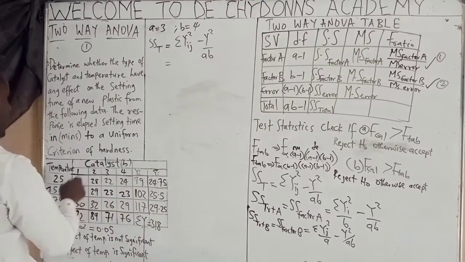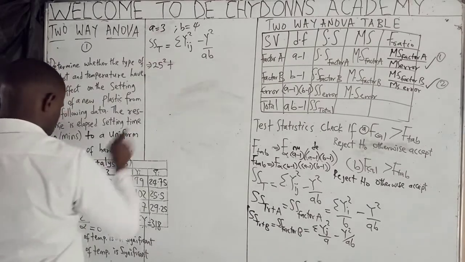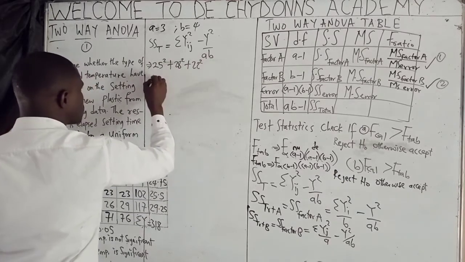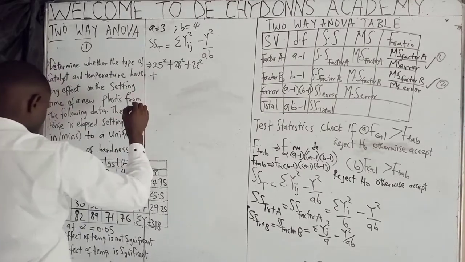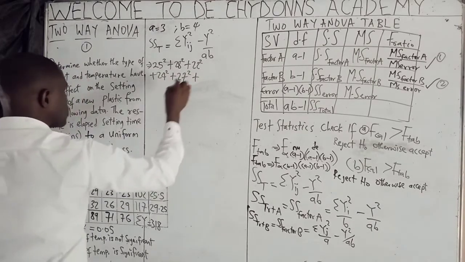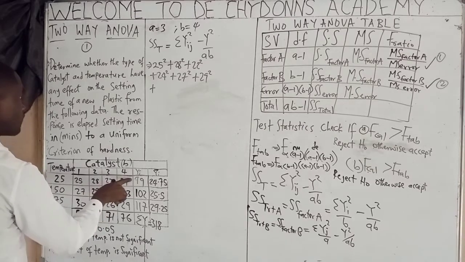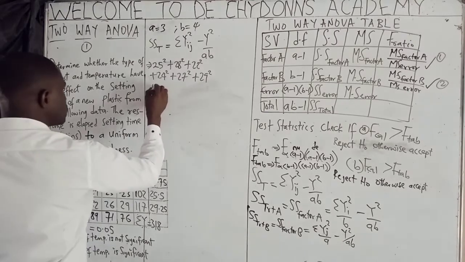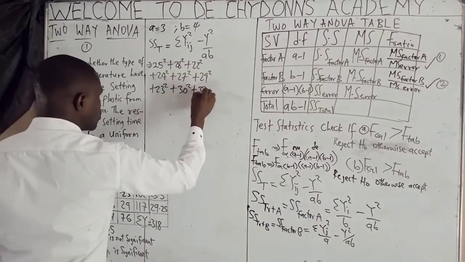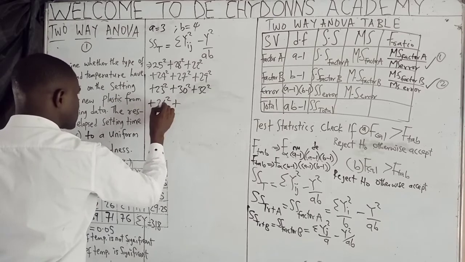That means 25 squared plus 28 squared plus 22 squared plus 24 squared plus 27 squared plus 29 squared plus, we have squared this, 24 squared, 27 squared, 29 squared, 23 squared plus 30 squared plus 32 squared plus 26, not 36, please.